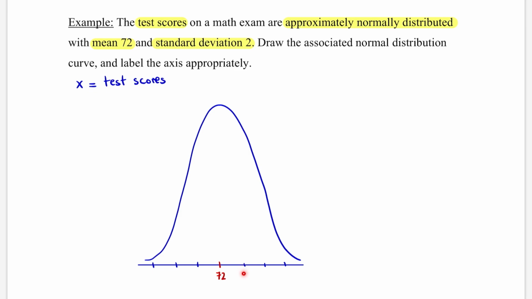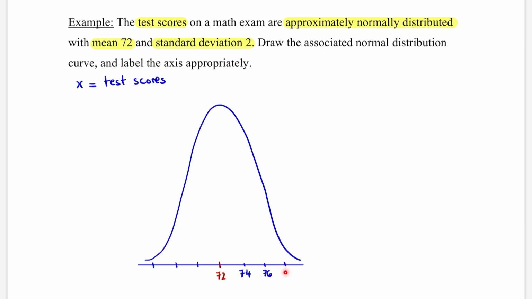Standard deviation is 2, so I take 72 plus 2, which is 74. This number is 2 standard deviations above the mean. To find this number, I take 72 plus 1 standard deviation plus another 1 standard deviation, which is 72 plus 2 plus 2, which is 76.